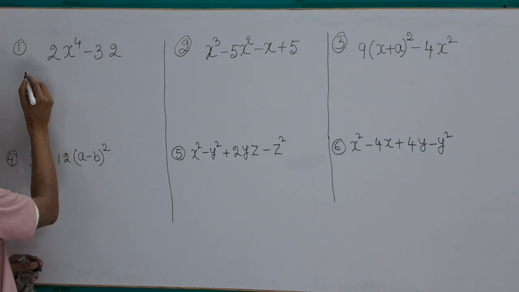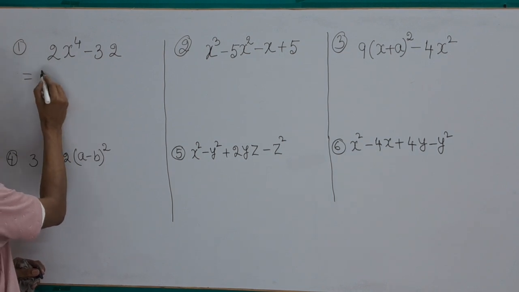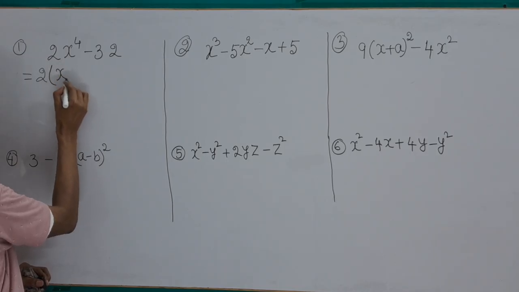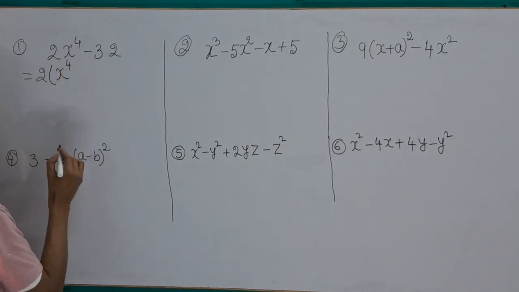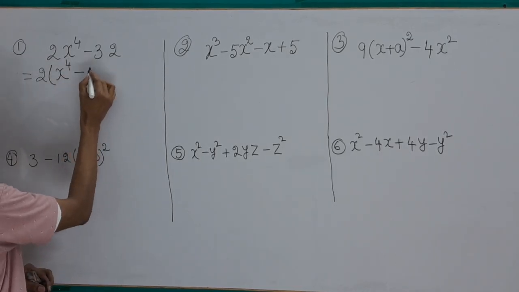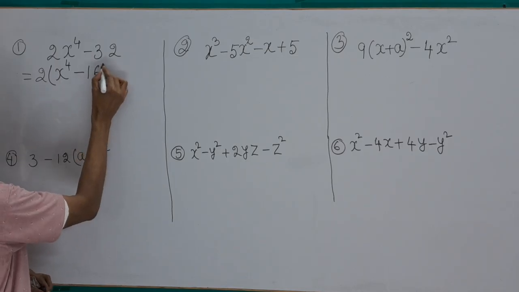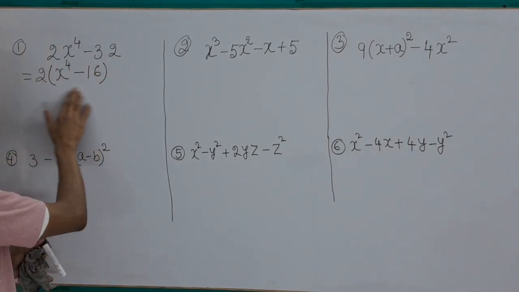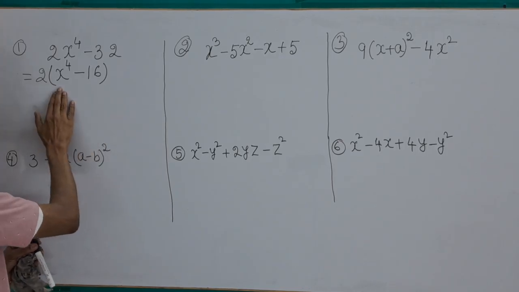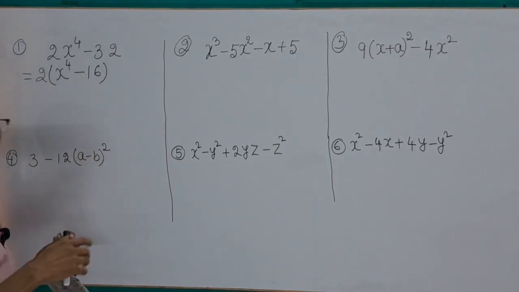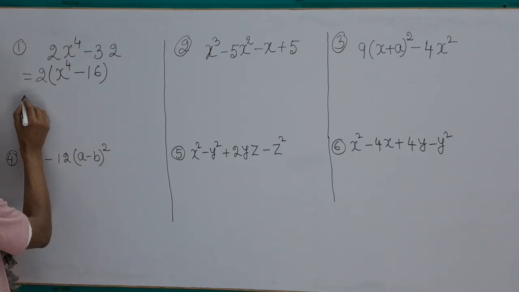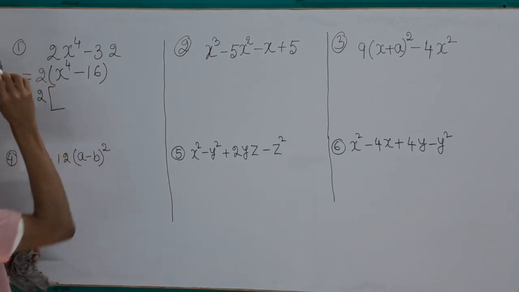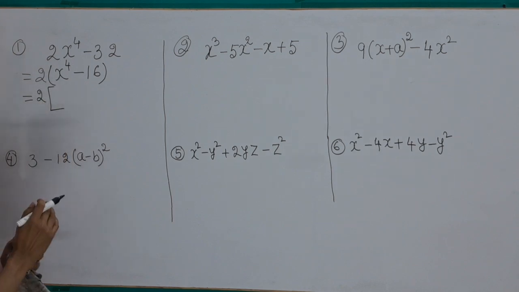So what we are going to do? Take 2 as common, and there will be x to the 4 in the bracket and then 16. So 2x to the 4 minus 32 has been written as 2 into x to the 4 minus 16. Now you have to look into these things, because I told you to use different brackets.